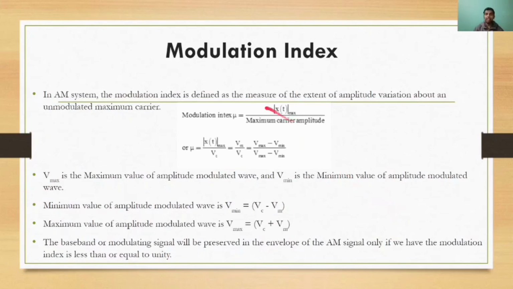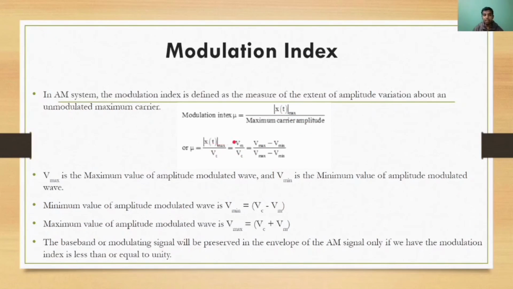Now we will discuss a very important concept, that is modulation index. Modulation index is used to control the amount of modulation required as per the requirement. In an AM system, modulation index is a measure of the extent of amplitude variation about the unmodulated carrier wave's maximum amplitude. So here's the equation: the maximum of x(t), which is the message signal, upon the maximum carrier amplitude Vc.